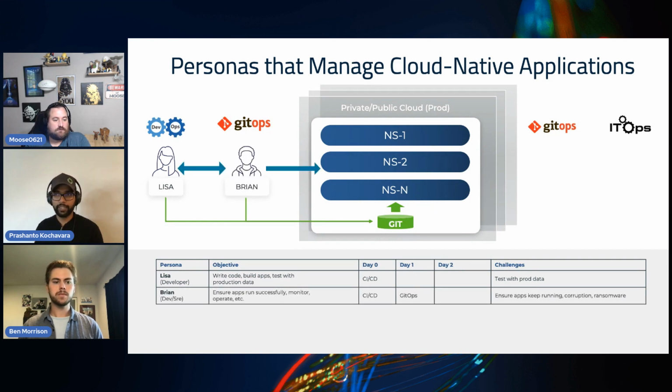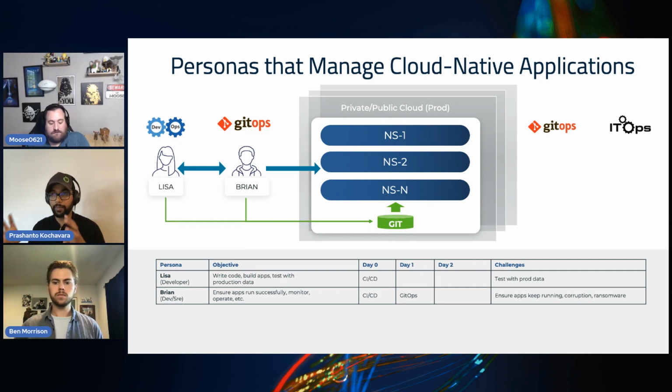Now, Lisa works very tightly with Brian. Brian is the SRE. He works with Lisa to take the microservices that she has built and run them in the Kubernetes system, making sure that it has uptime and is continuously running. From a monitoring and logging perspective, you are making sure that it is providing all those metrics and stats.